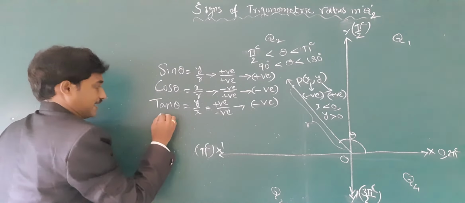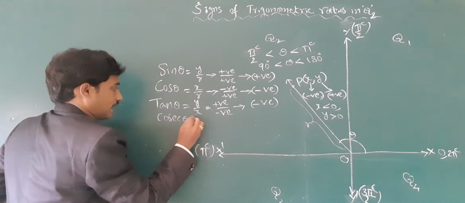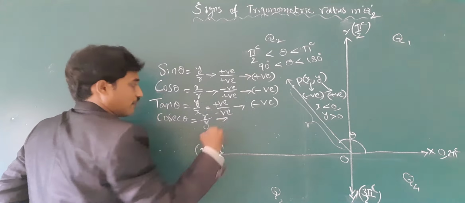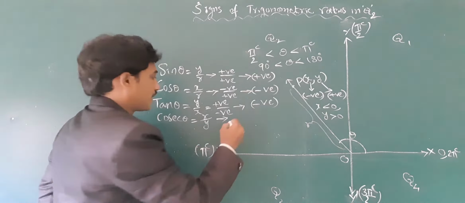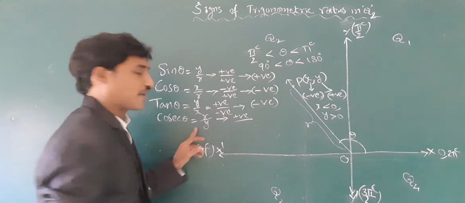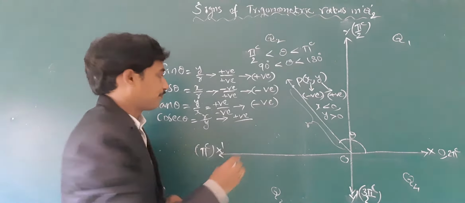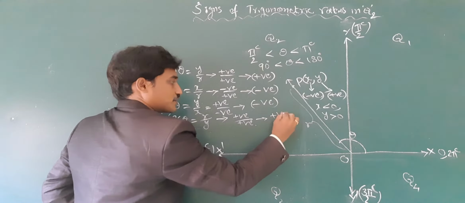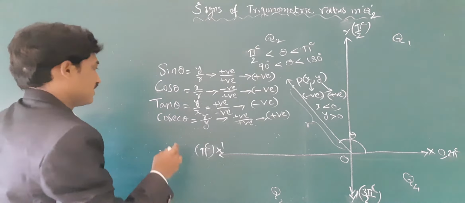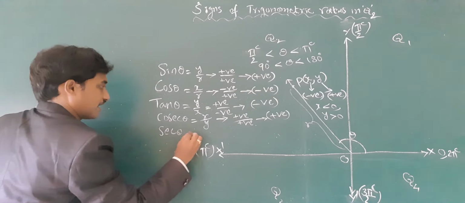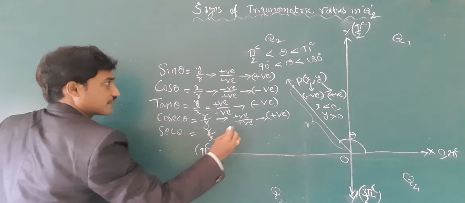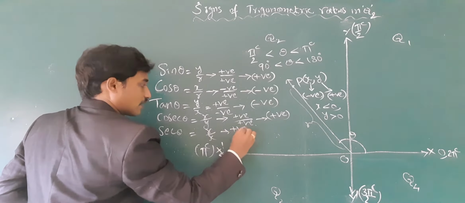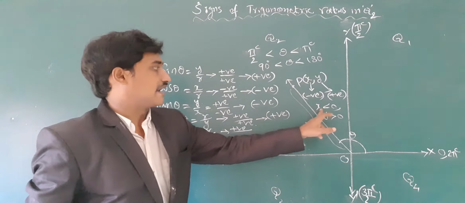Next, cosecant theta. Cosecant theta is r by y. R is a positive quantity and y is a positive quantity. So we get positive by positive, positive. Next, secant theta. Secant theta is r by x. R is a positive quantity and x is less than 0, negative.